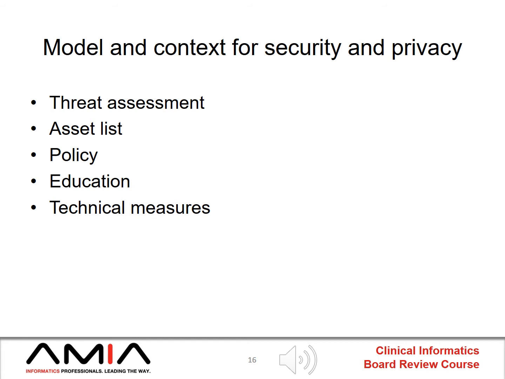So all of these are important, and if you overlook one of these elements, you may end up overlooking measures you need to take to protect security and privacy of the information entrusted to your care.